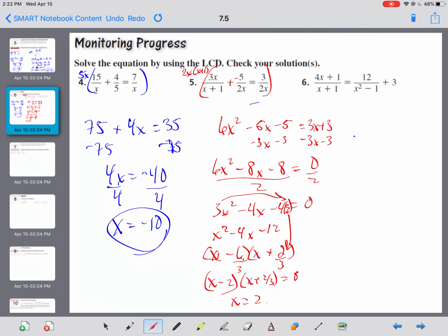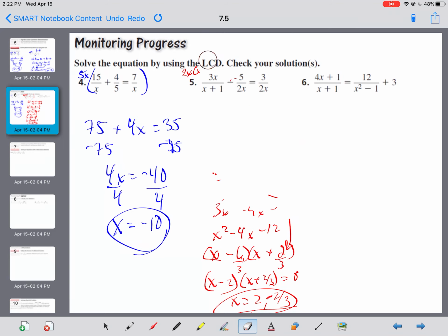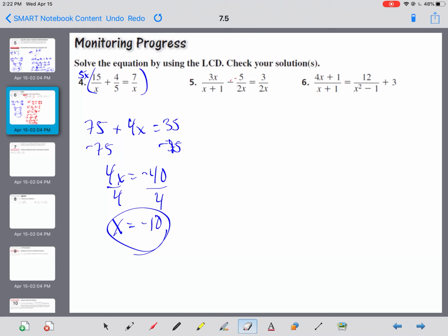Don't forget, if you slide it, you've got to divide it. x minus 2 and x plus 2/3 equals 0. x is 2 or... nope, negative 2/3. Don't forget opposite to get out. And just because I'm out of room, make something like this.